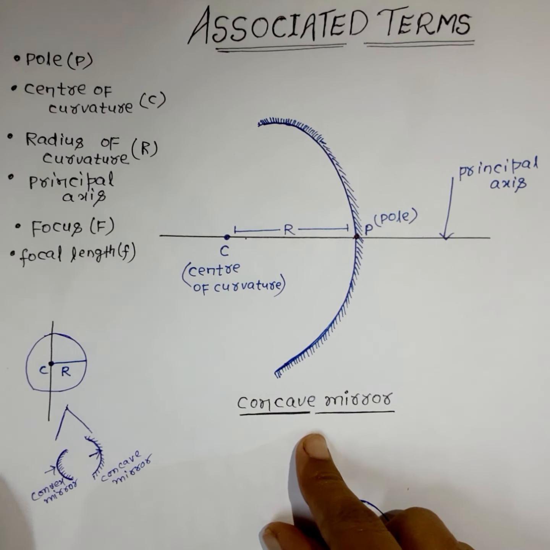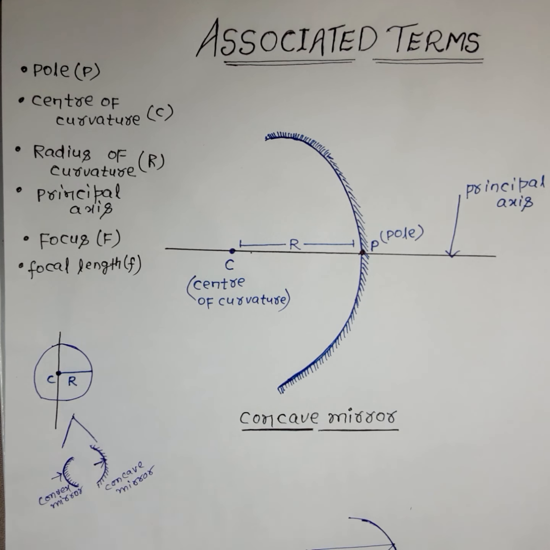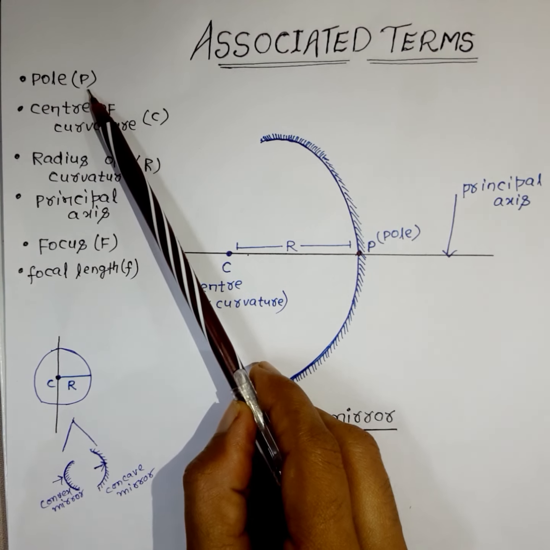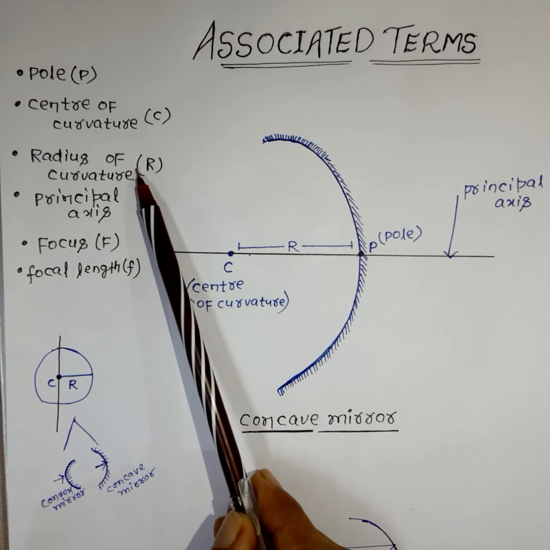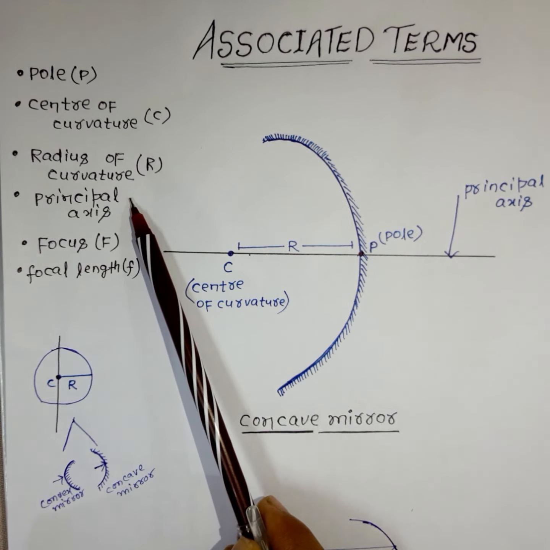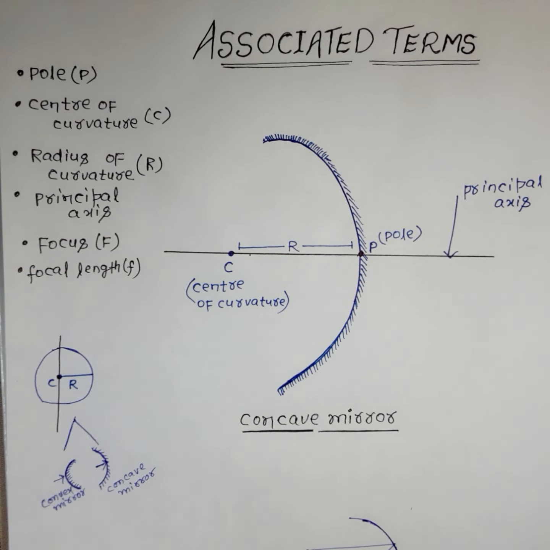In this concave mirror some terms are related which will help to make the ray diagram. The terms are pole, center of curvature, radius of curvature, principal axis, focus, focal length. Pole. What is pole?